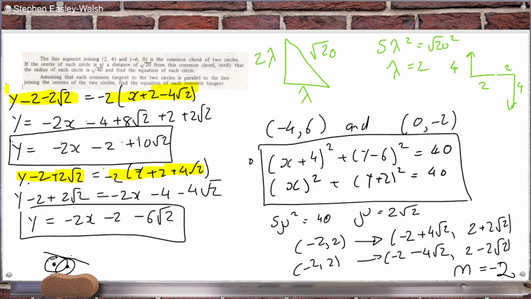and we'll look at the first, we'll look at the point minus 4, 6 to this line here using the perpendicular distance formula. So that would be the fraction 2 times minus 4 plus 6 plus 2 minus 10 root 2 over square root 5.